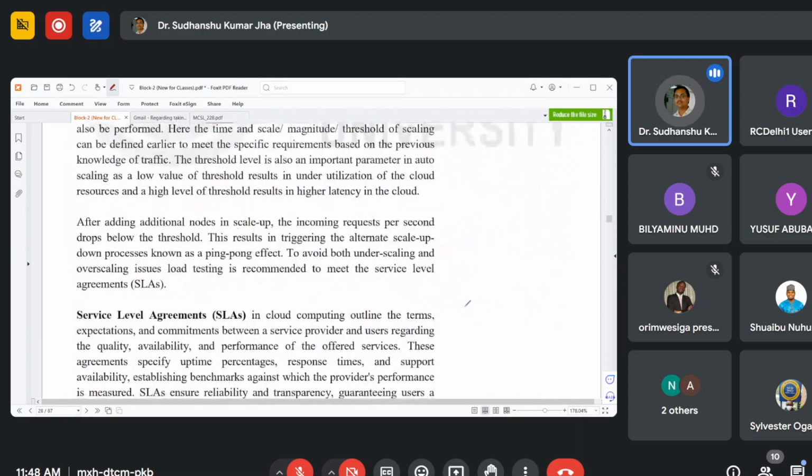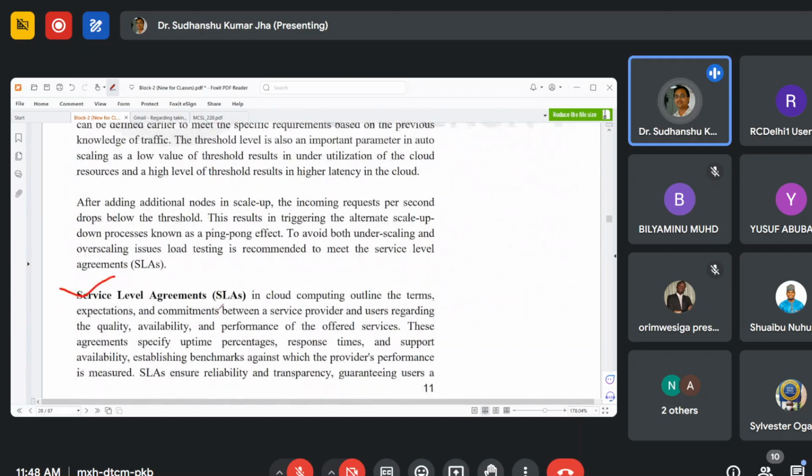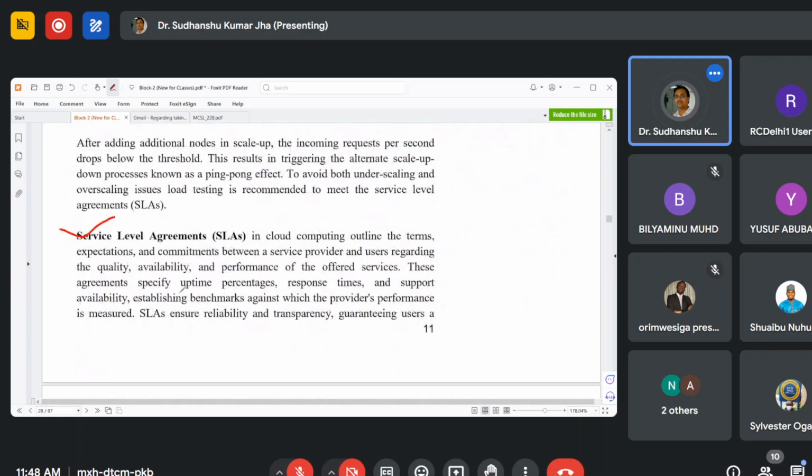Auto scaling depends upon the service level agreements, and these agreements specify the uptime percentage, response times, support availability, establishing benchmarks, etc. So the service level agreement is made between the cloud customer and the cloud service provider, specifying which kind of scaling is required, auto scaling, predictive scaling or reactive scaling, and accordingly the pricing is done.